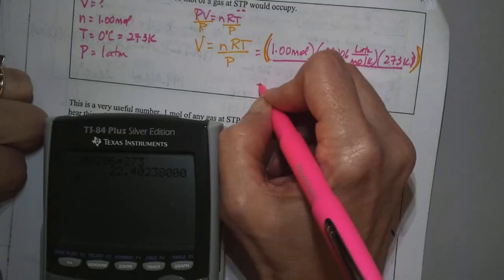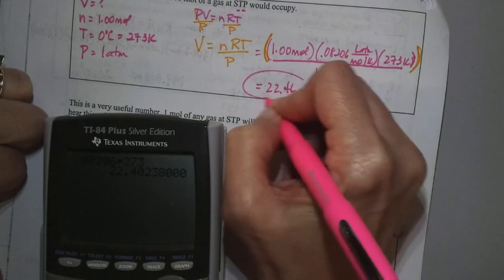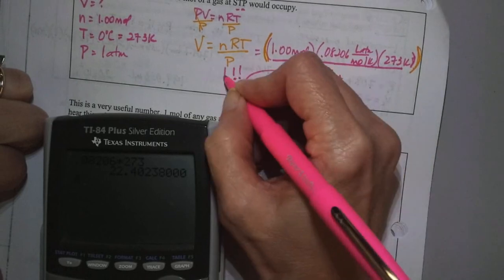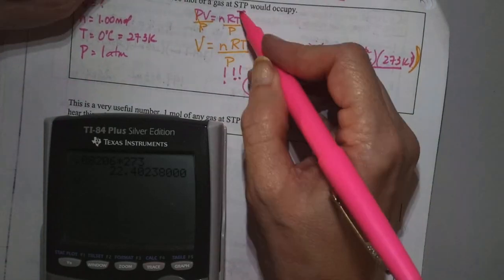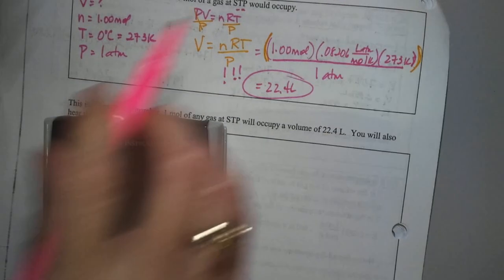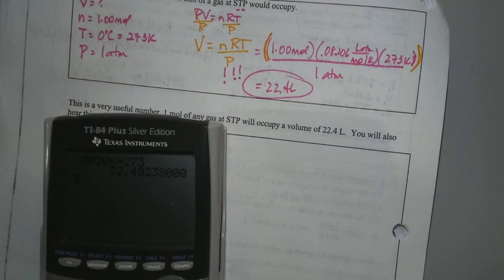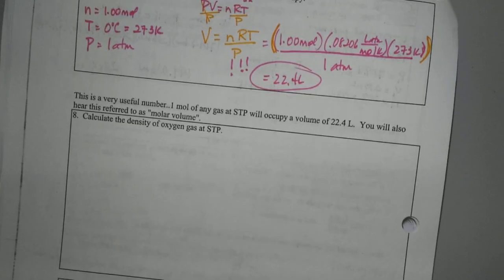So when you look at this, we have 1 mole at STP. We don't even care what gas it is. 1 mole at STP takes up 22.4 liters. 1 mole of any gas at STP is going to be 22.4 liters. There's your number right there. You just proved it.